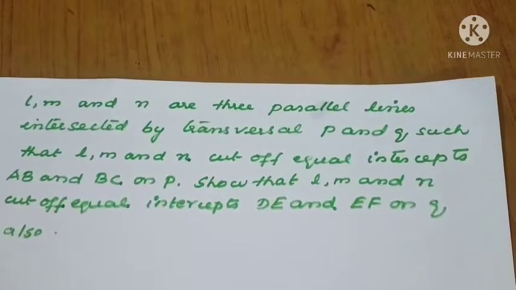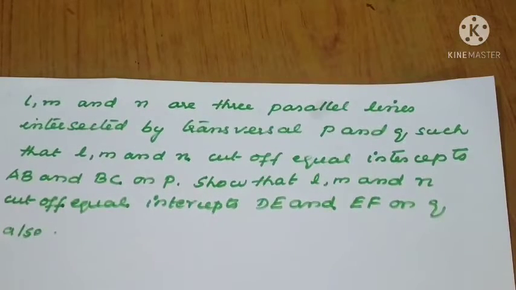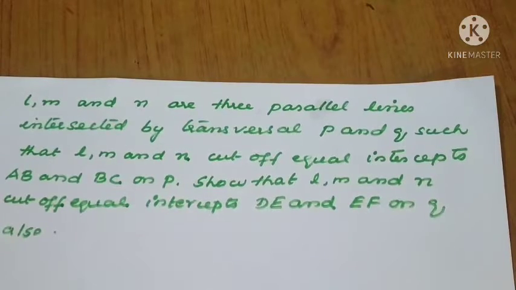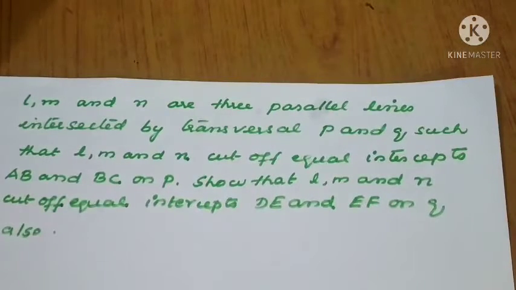Next question. L, M and N are the parallel lines intersected by a transversal P and Q such that L, M, N are making cutoff equal intercepts AB and BC on P. Show that L, M and N cut off equal intercepts D, E and F on Q also.